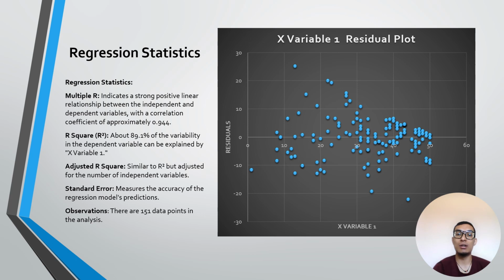A lower standard error indicates that our model's predictions are closer to the actual data points. It's an important metric to assess the reliability of our model predictions. Lastly, we conducted our analysis on a dataset containing 151 data points, giving us a substantial amount of observations to work with. Now let's move on to the next slide.